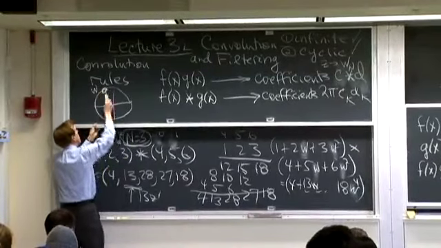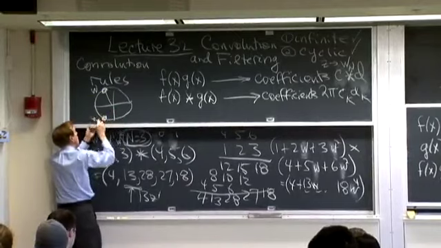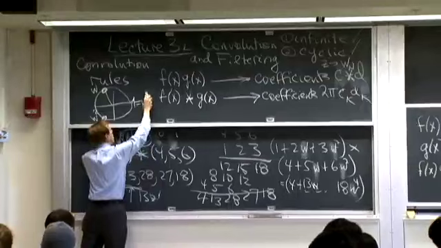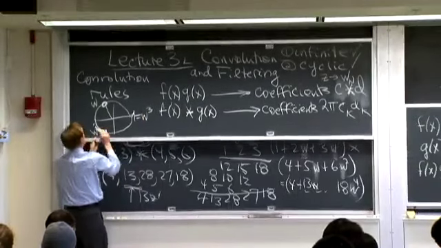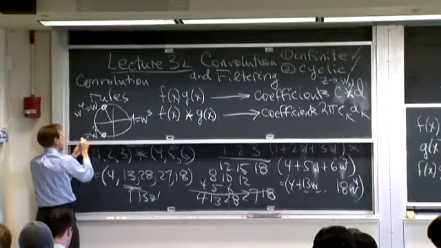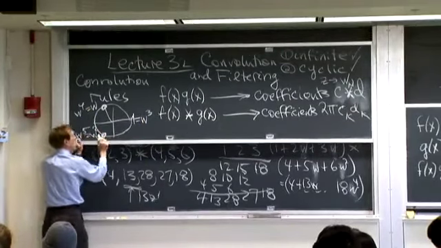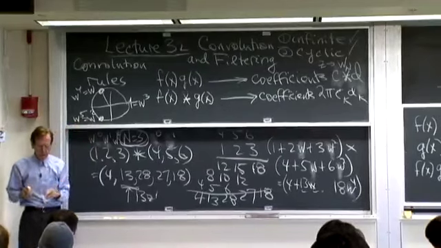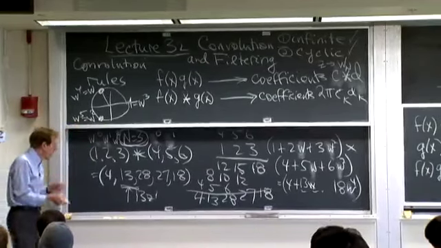So that's my w. Here's my w squared. Here is my 1. But here it is also w cubed. So w is the same as w to the fourth. W squared is the same as w to the fifth. So what's the difference? What can I do now?